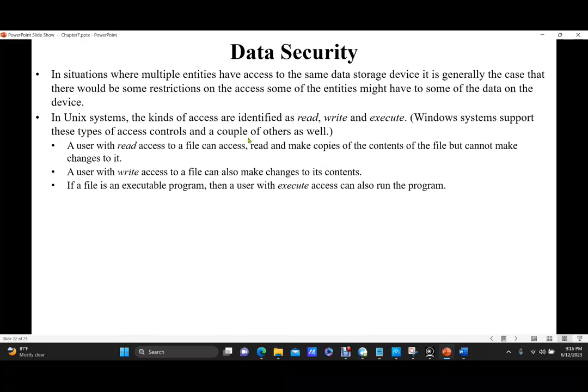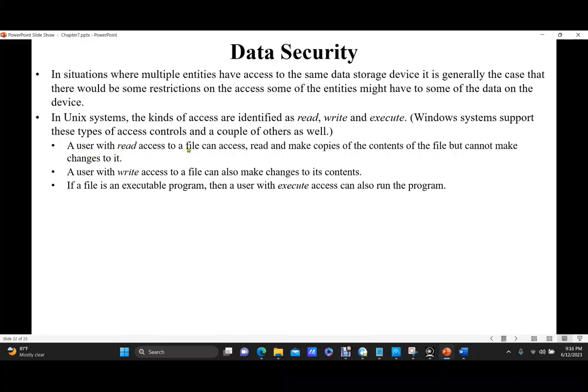In Unix systems, the kinds of access are identified as read, write, and execute. Windows systems usually have similar access definitions, but they also have a couple of other controls.